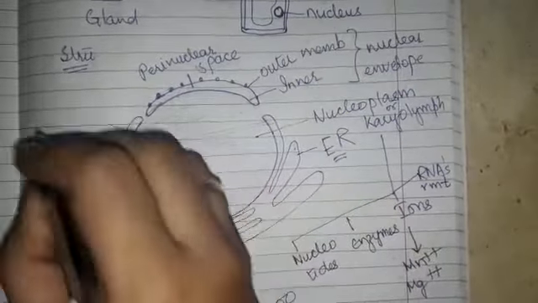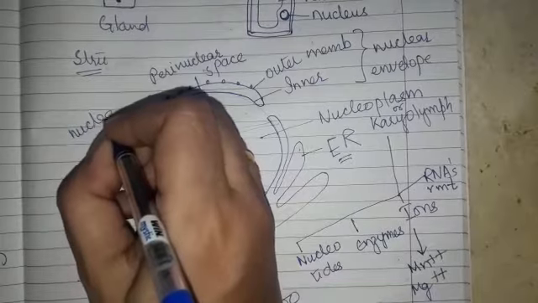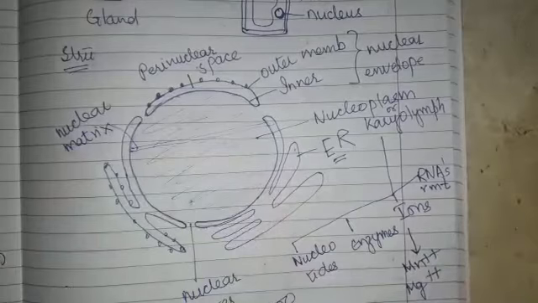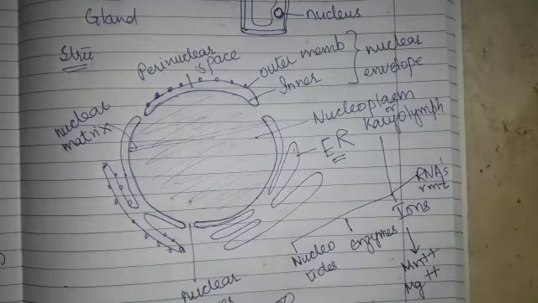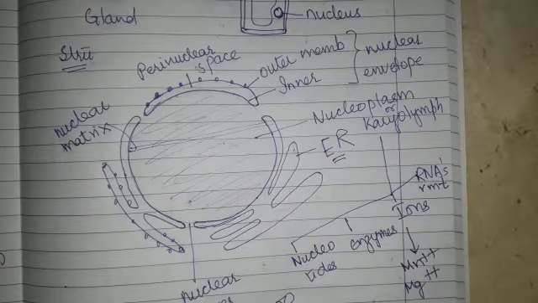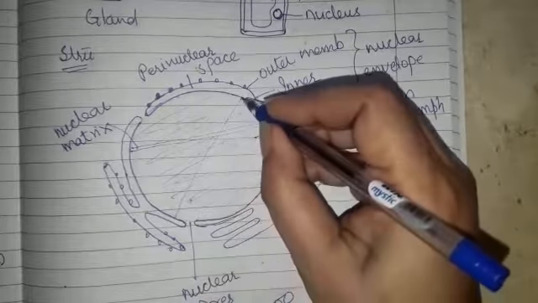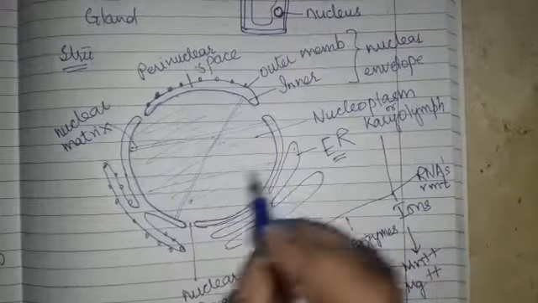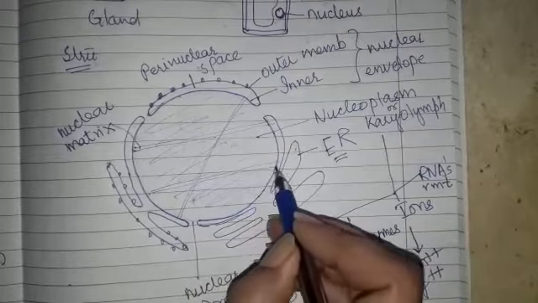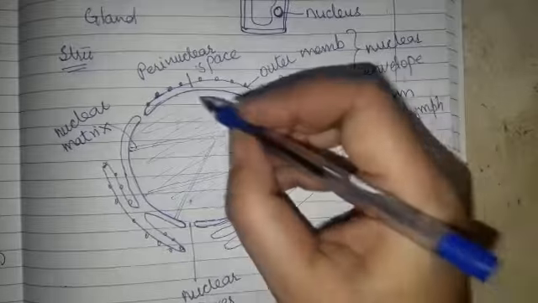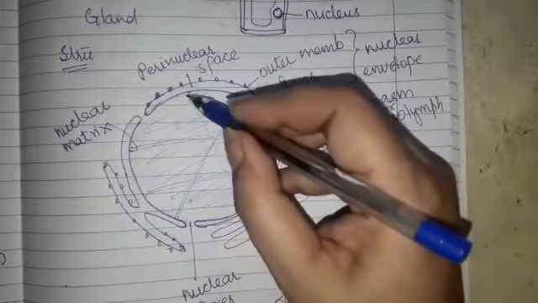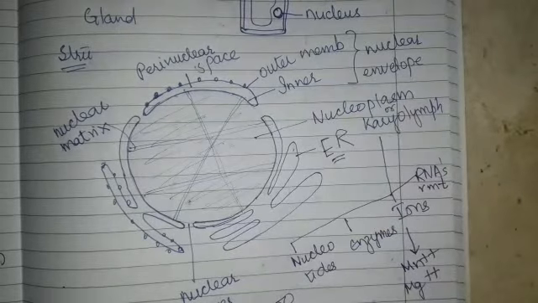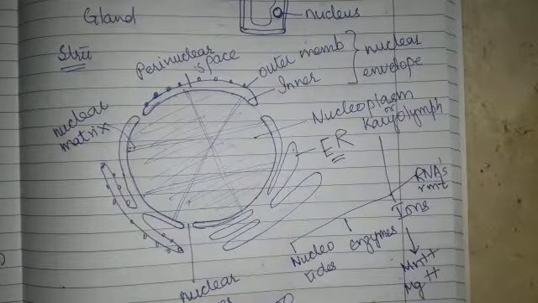It is a network of fine protein containing fibrils which are joined to the nuclear envelope end to end, and they act as a sort of nuclear skeleton, so that the nucleus keeps its shape.